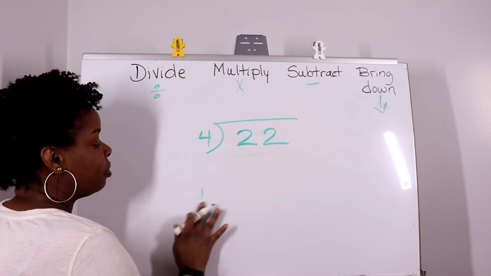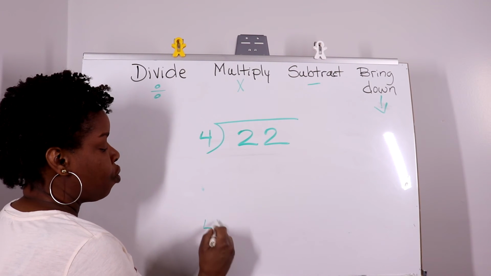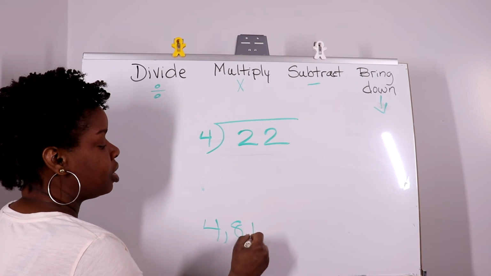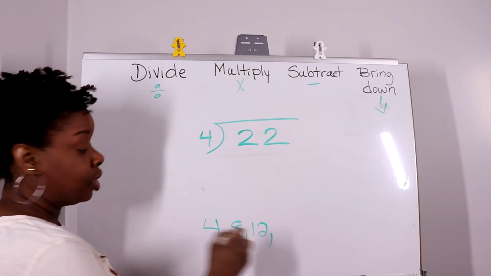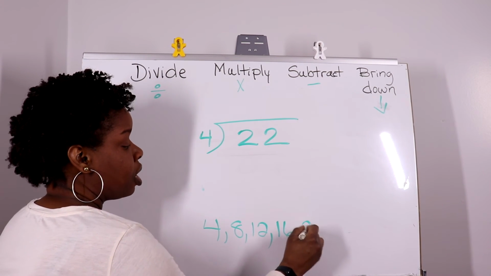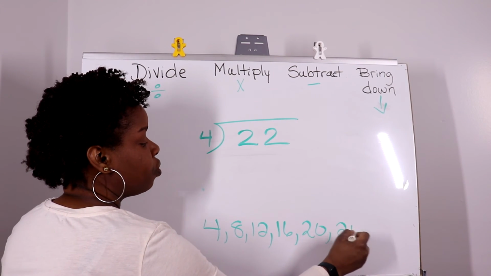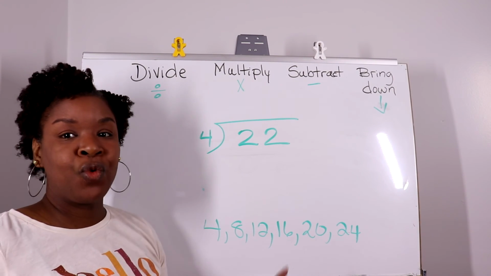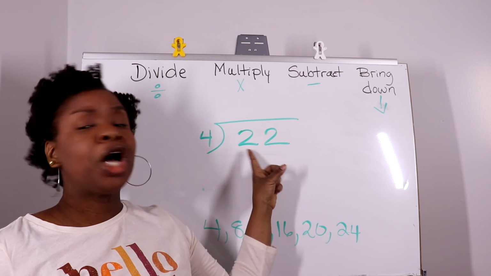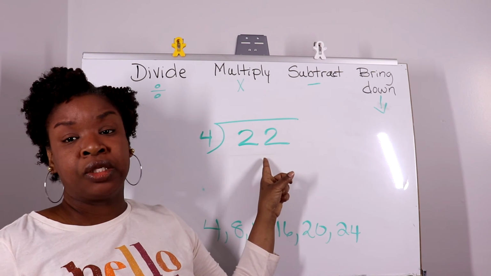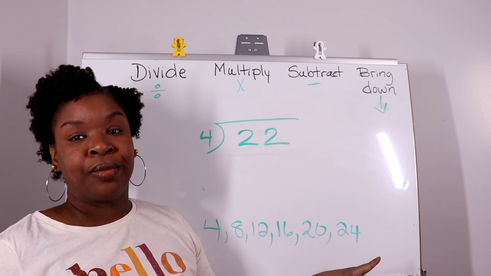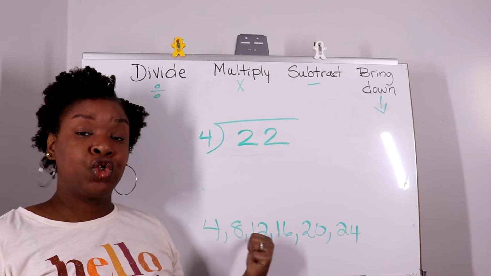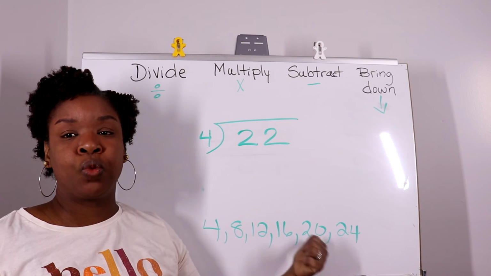Let's move it down some because we're going to have a problem to solve. 4, 8, 12, 16, 20, 24. Why did I stop at 24? Because 24 is larger than 22. So therefore, we know we went over.